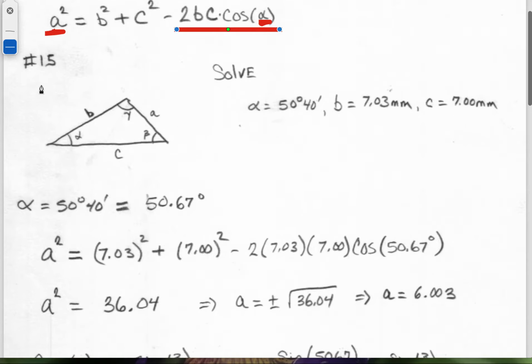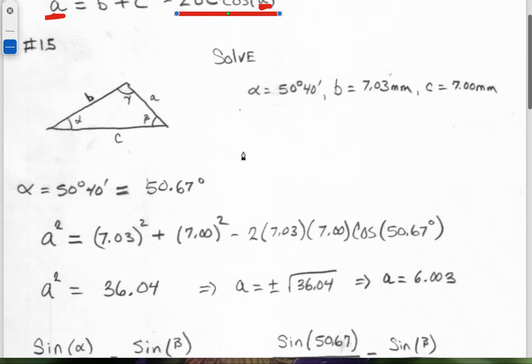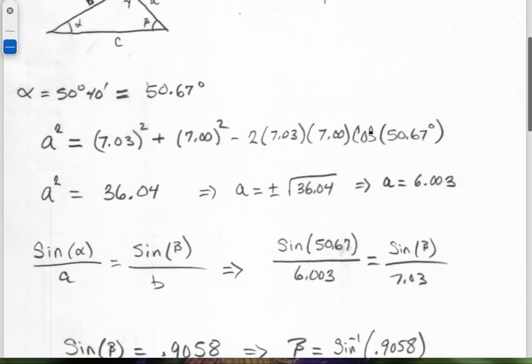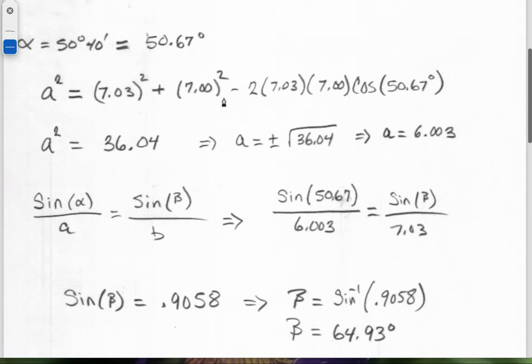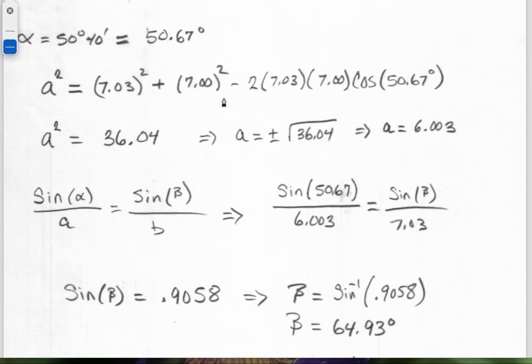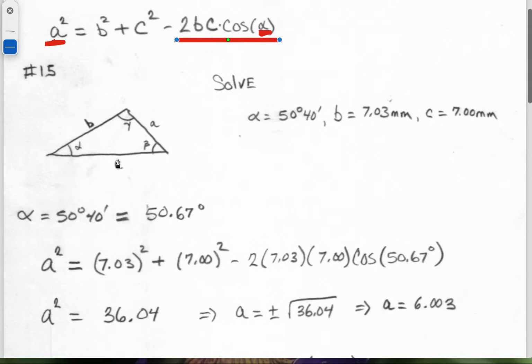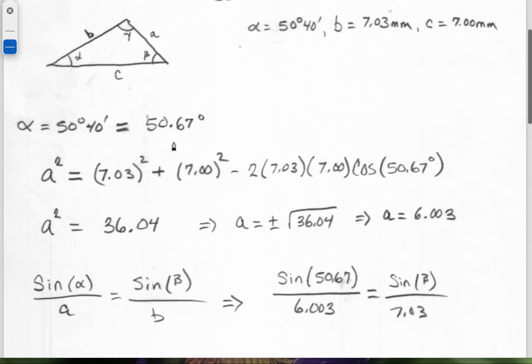So in number 15 from our practice set, it's asking us to solve where we're given angle alpha, side B and side C. I converted angle alpha from 50 degrees 40 minutes to 50.67 degrees. And then we're trying to find side A. We're not given A, but we're given angle alpha.